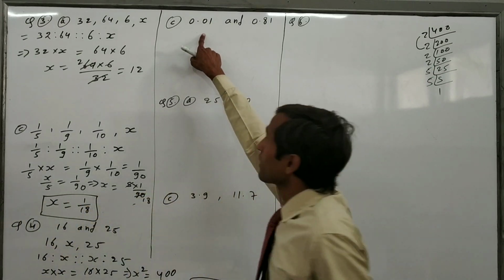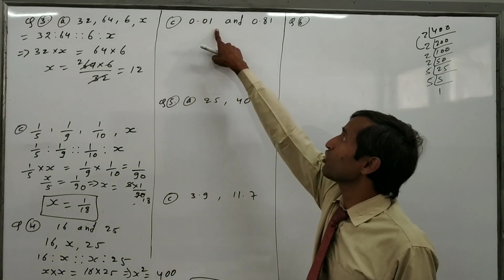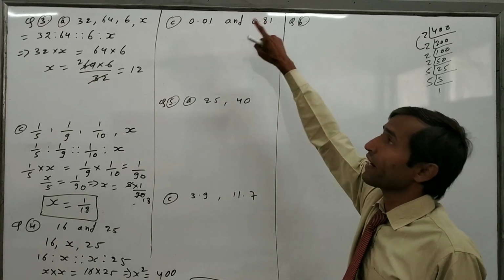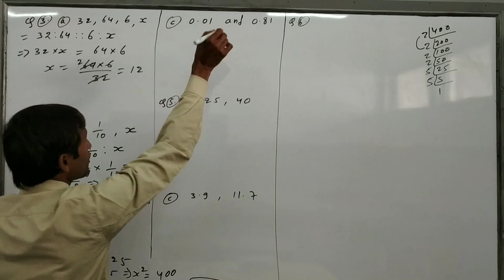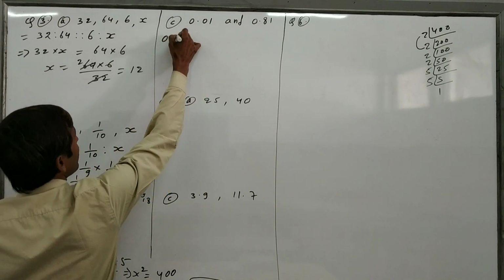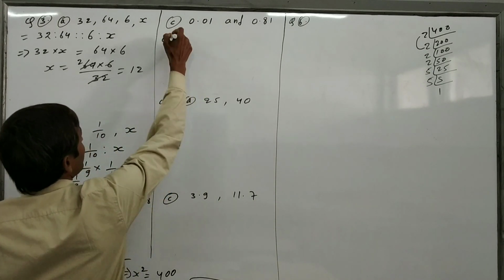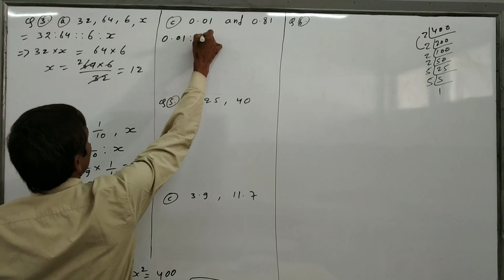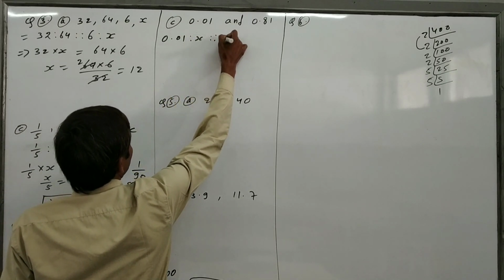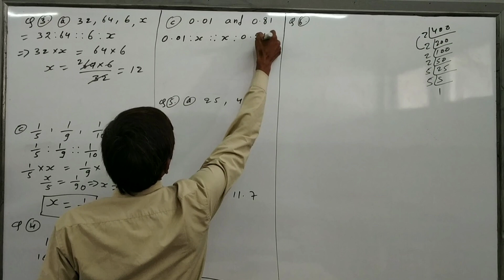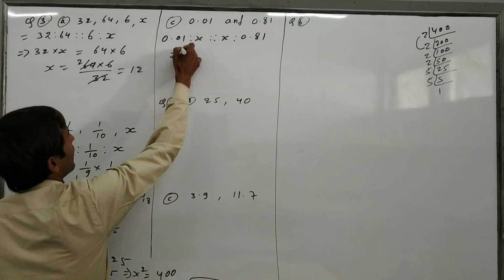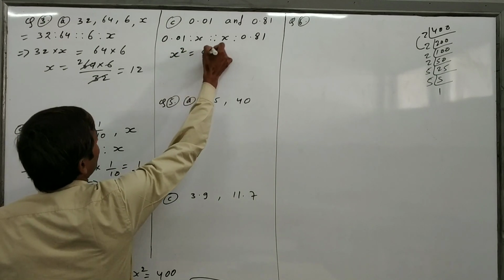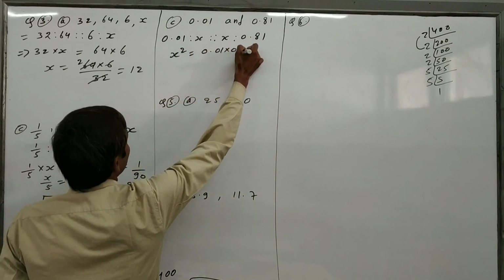Okay. Now in the C part, you see here 0.01 and 0.81 are there. We have to find the mean term again. So just directly you can arrange here 0.01 ratio x proportional x ratio 0.81. After doing this, write down here x square is equal to 0.01 into 0.81.